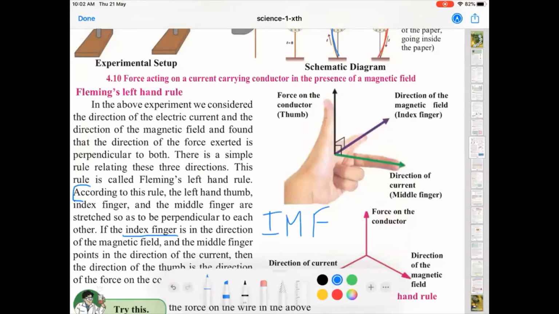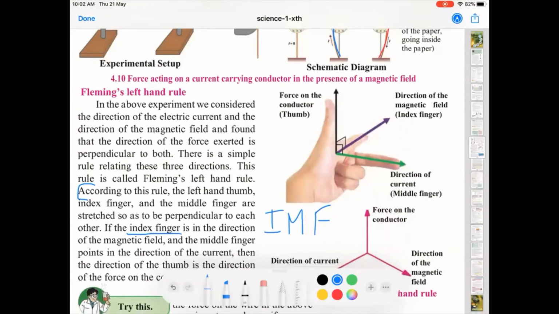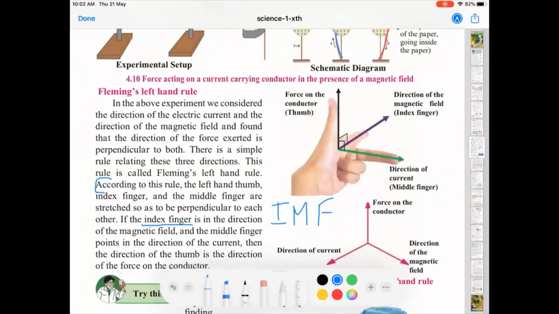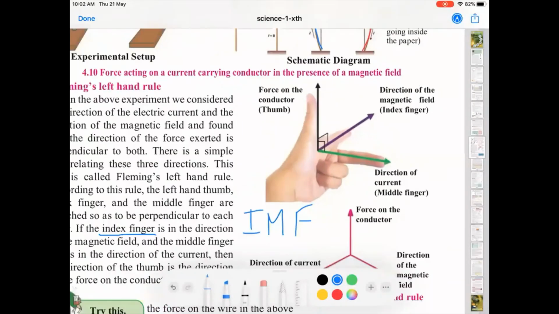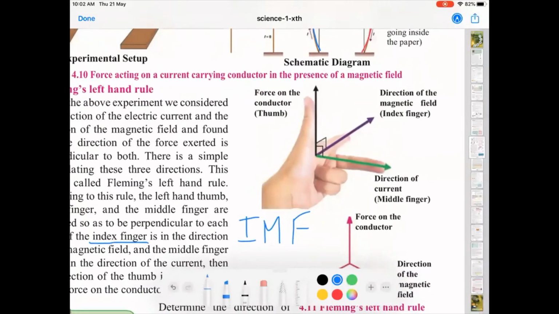So IMF tells you the index finger is in the direction of the magnetic field, the middle finger points in the direction of the current, then the direction of the thumb is the direction of the force on the conductor. So basically, Fleming's left hand rule is giving you the direction of the force on the conductor.